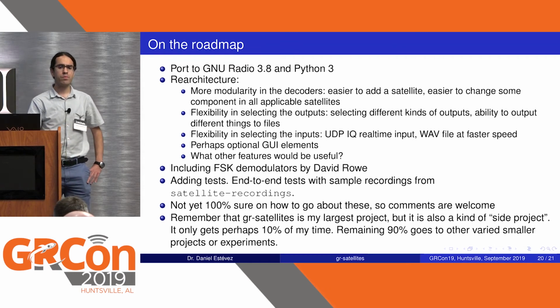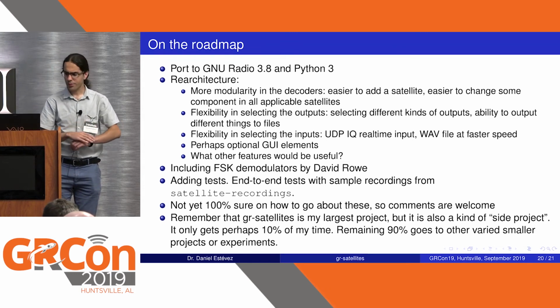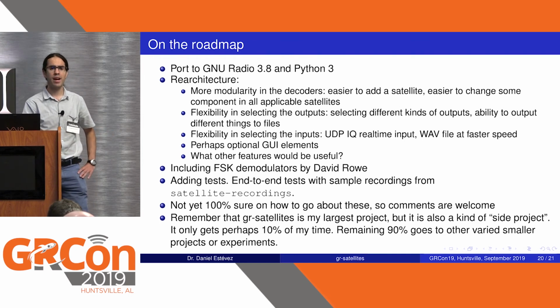But I'm also planning some larger changes. One of the problems I find is that GR satellites has grown enormously. It started with very few satellites, and now it has, as I said, almost 80 or maybe more than 80. So it's crazy to have a different flow graph for each of the satellites.